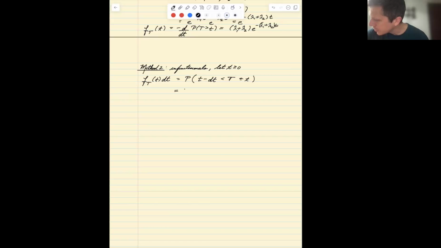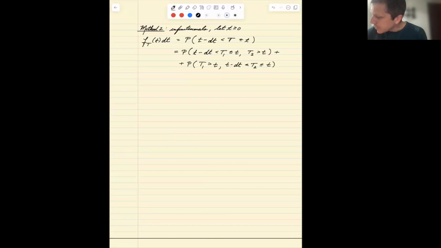In order for that to be true, we have two possibilities. It's not possible for both to fail at the exact same time. I mean, it is, but it's infinitesimally unlikely, so we can ignore that possibility. This can happen in one of two ways. Either T1 fails at that instant and T2 lives on after t, or it's T2 that fails in that instant and T1 lives on after time t.